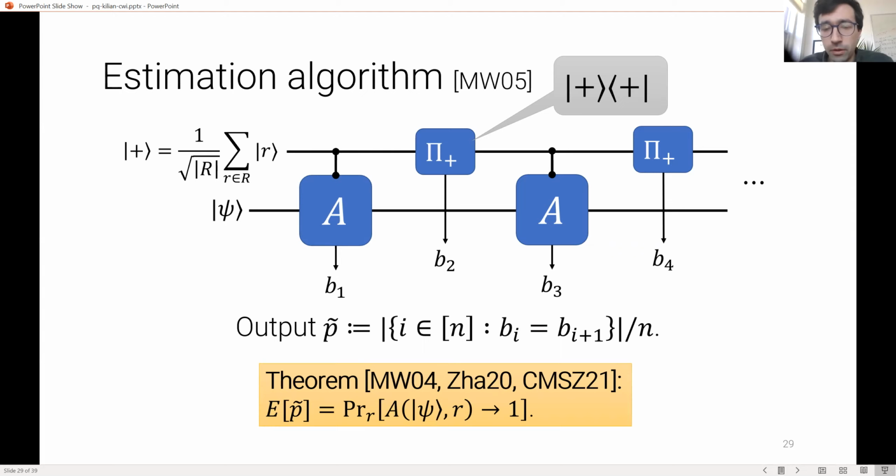You keep going. It's easy to see what happens when you get a 1 outcome on this plus measurement. If you get a 0 outcome, it's less easy to see, but it works out. You count that as a 0. Okay, thanks.